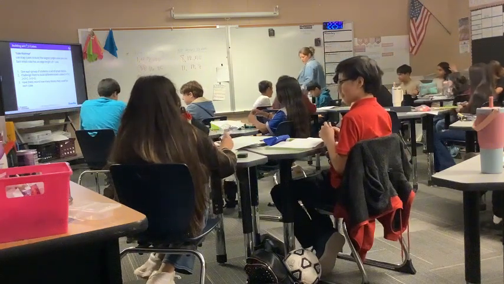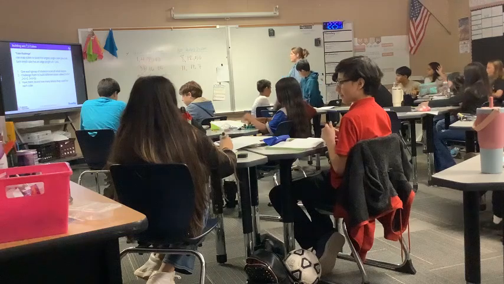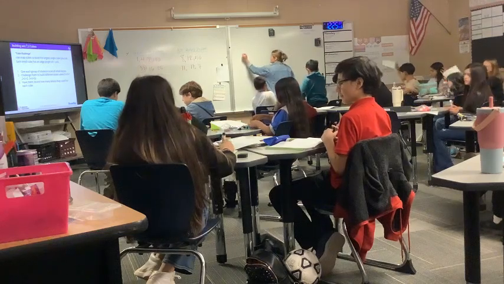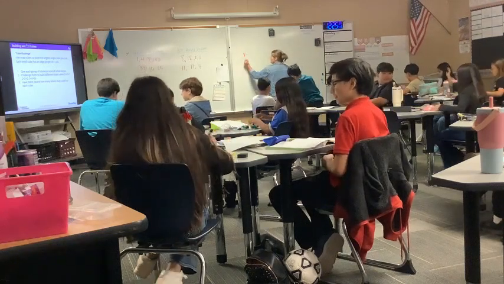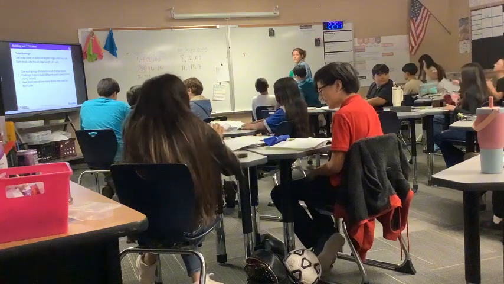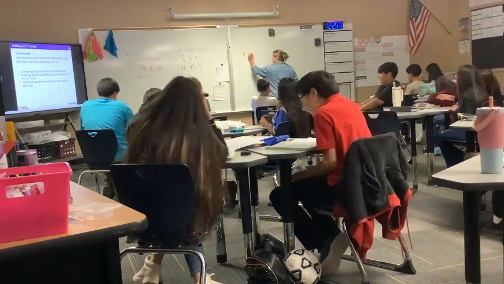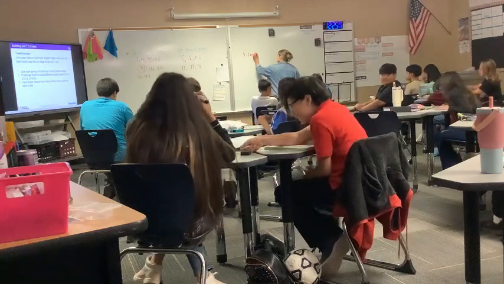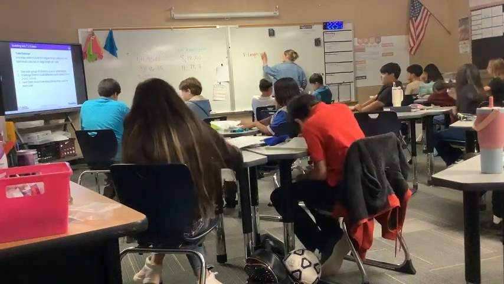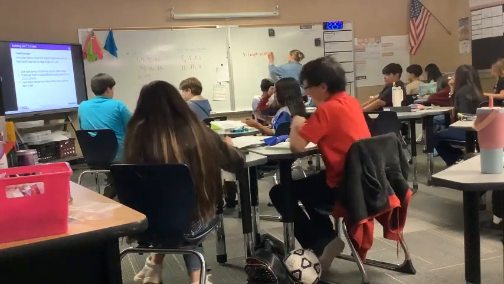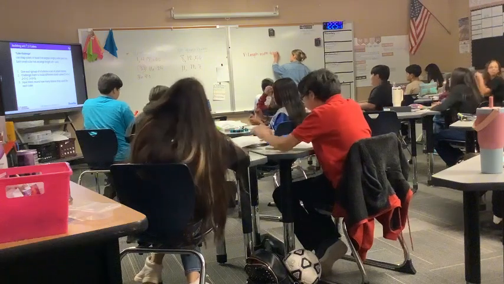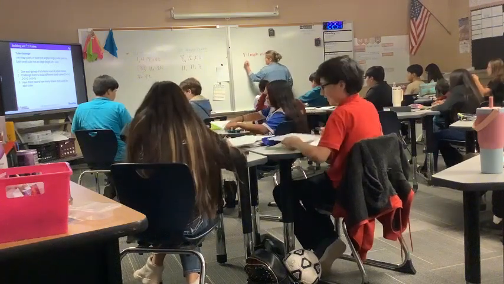On your paper, I want you to take note of each one that you do. So I want you to write the volume. Okay, I want you to find the volume.